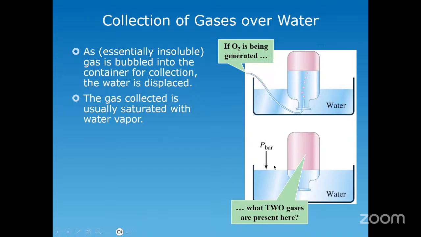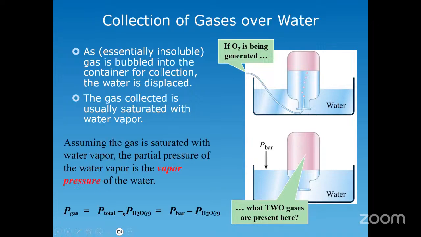So we can write down a relationship between the barometric pressure, the water vapor pressure, and the pressure of the gas being collected, which in this case is oxygen.